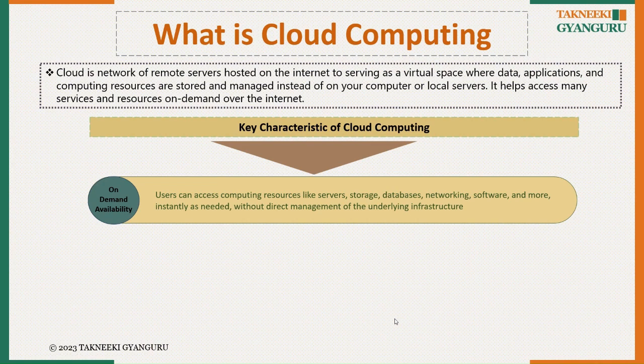You can instantly create your infrastructure, and some of the infrastructure will be managed by the cloud provider. We'll discuss the different models of cloud computing later. So on-demand availability is, as soon as you require computer resources, they will be available for you.